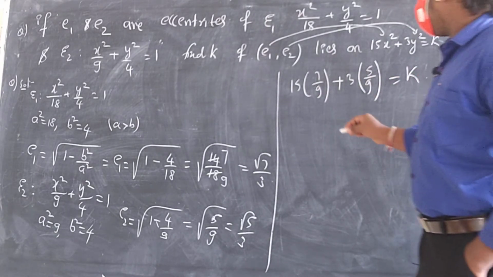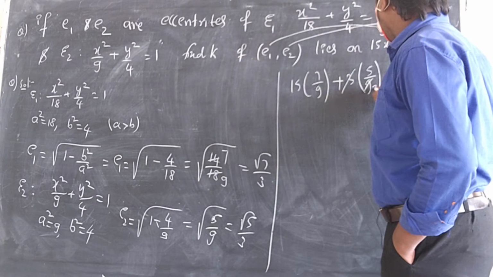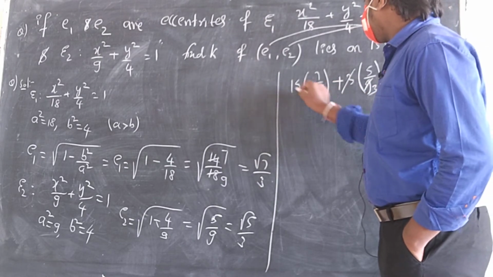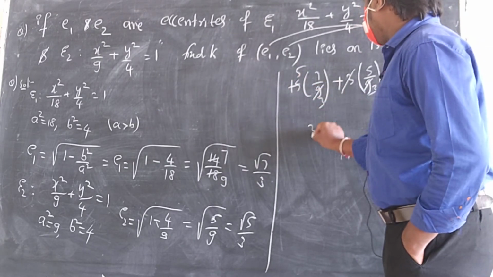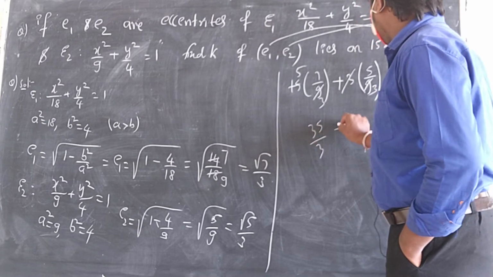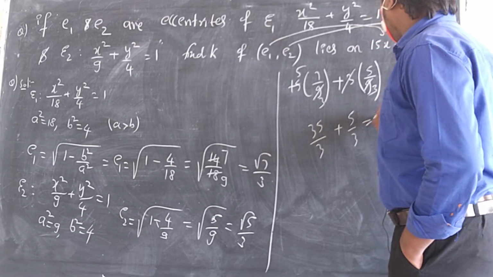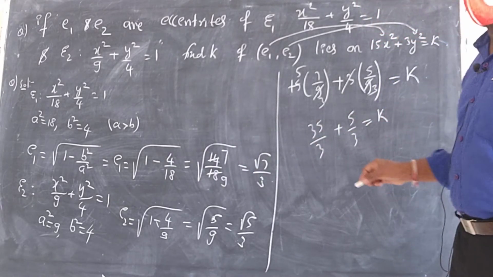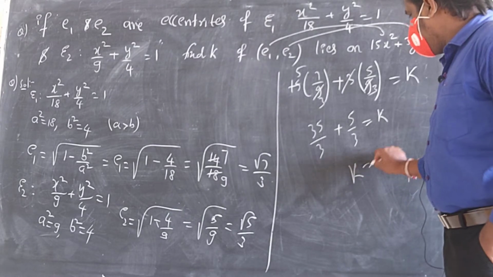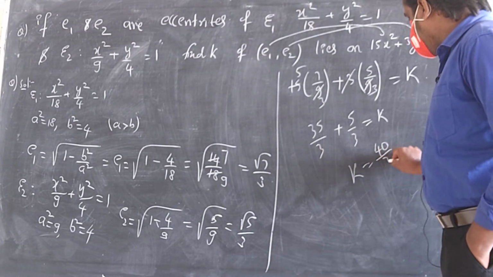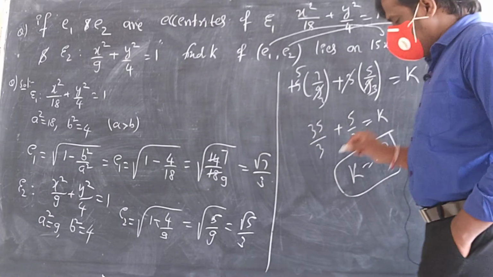So 3 1s are 3, 3 3s get cancelled, 3 3s are 3, 5s get cancelled, 7 5s are 35 by 3 plus 5 by 3 is equal to k. So 40 by 3. So k is equal to 40 by 3. So this is the answer.